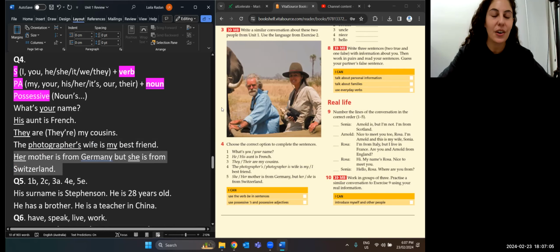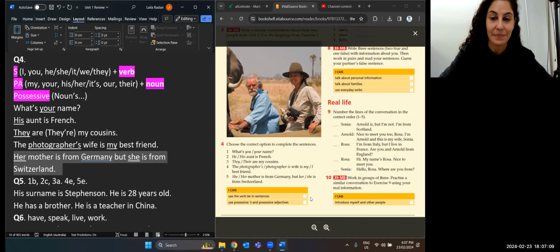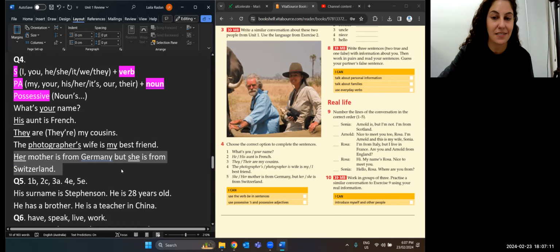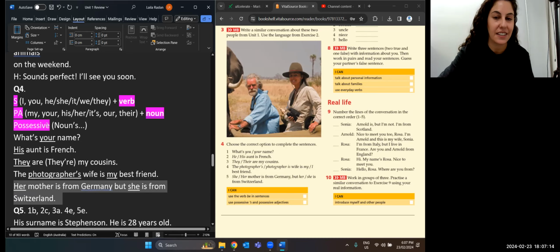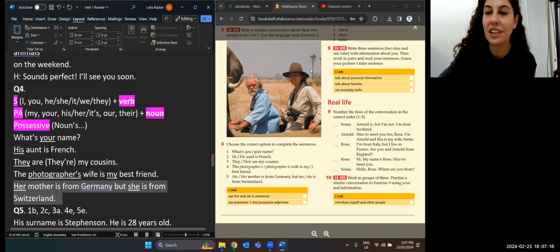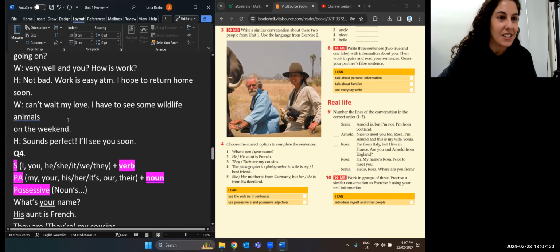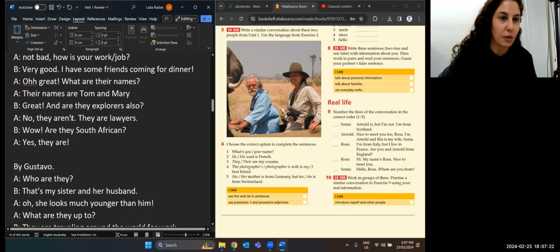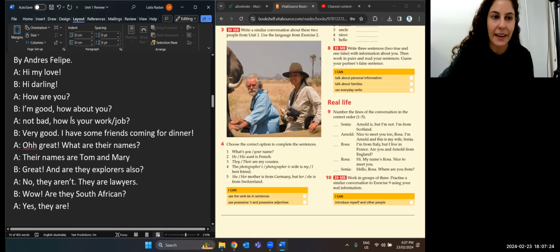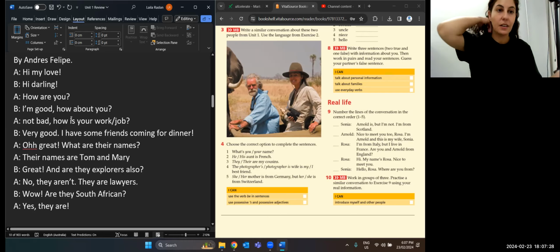Okay, so we have been looking at using the verb to be and the possessive adjective. Let's go and have a look at a conversation between Beverly and her husband. So these were some examples from before. We might come back and do some examples. I'll just see, but we'll just look at the examples.